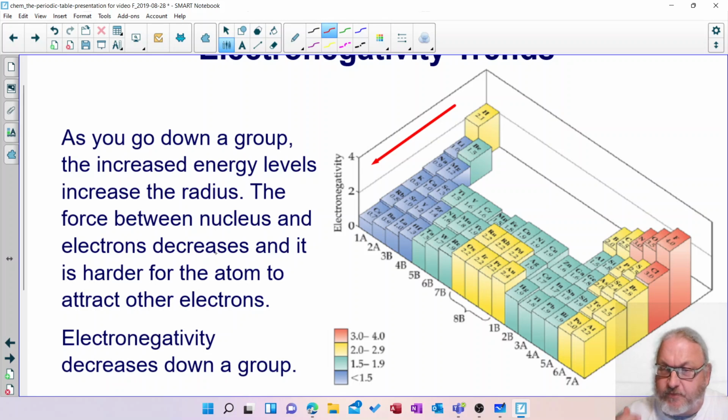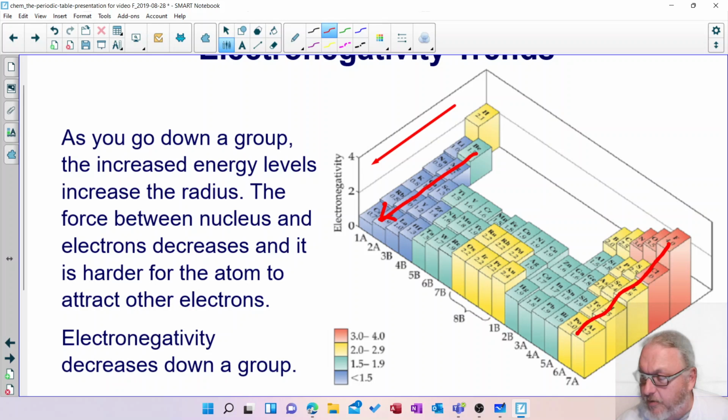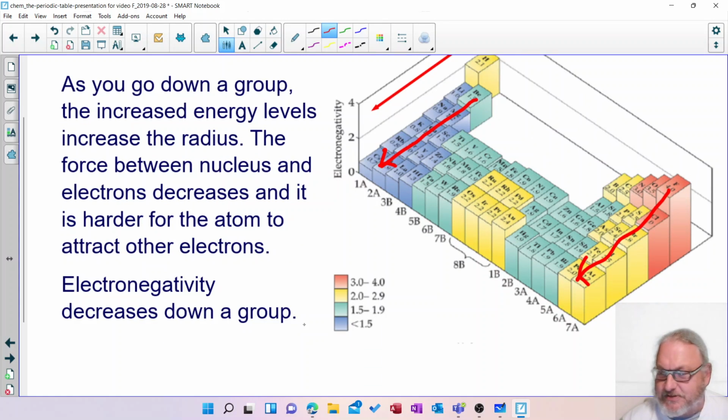The force between the nucleus and electrons decreases because the r squared in the denominator causes the force to decrease, making it harder for the atoms to attract electrons. So as we go down a group, electronegativity decreases. It becomes less.